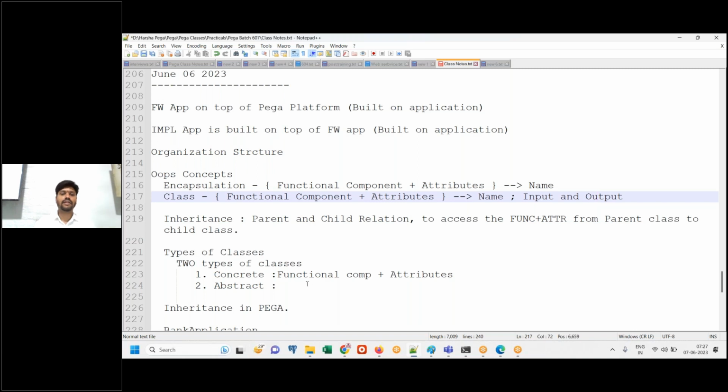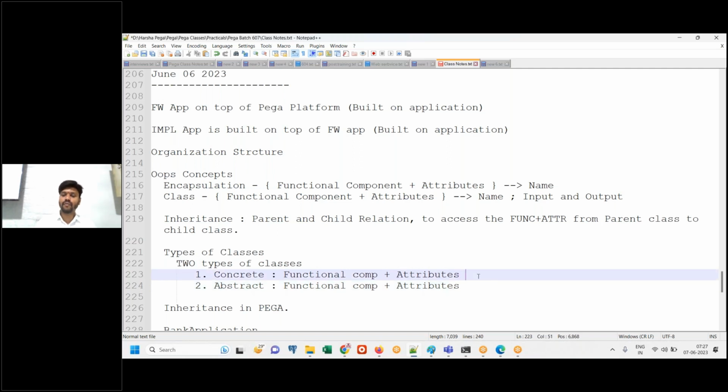It runs. Here also it will have functional components plus attributes. Generally that must be there if it is a class. Any type of class, a class is a class, whether abstract or concrete, it will have functional components plus attributes. But where the difference comes, see, the technology developers have designed the technology like this.